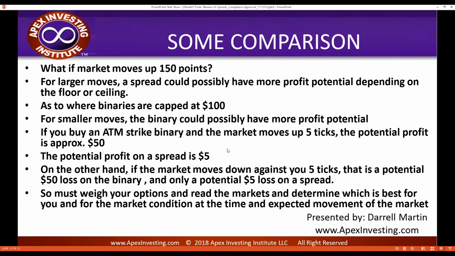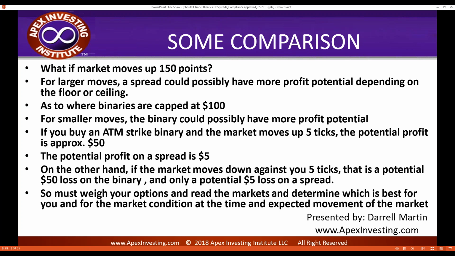Or what if it's a big expected move, and I expect the market to go up 100, 150, 200 points? Then I might want to be in a spread, right? I might want to consider finding a spread that's got a good amount of room to the floor or ceiling to give me as much possible as I can of that move.